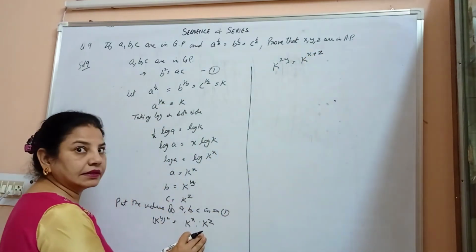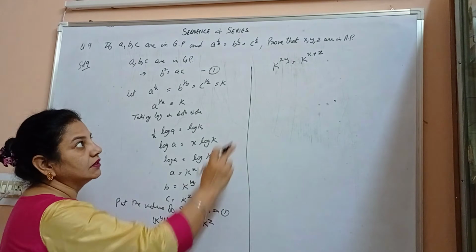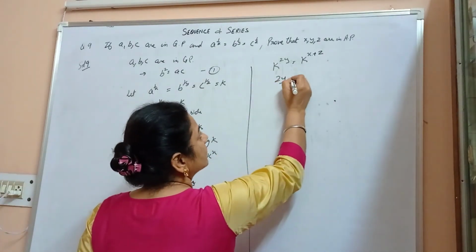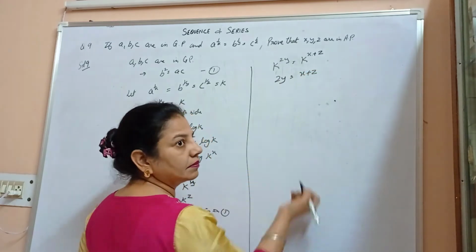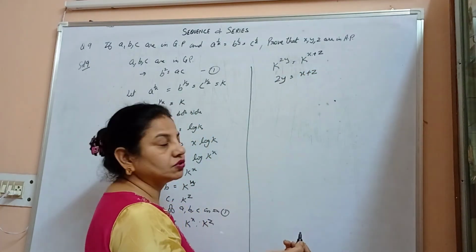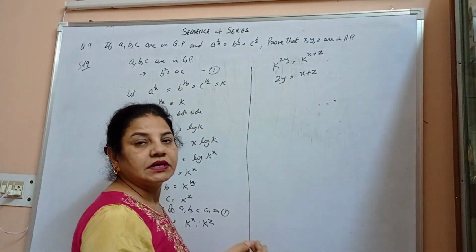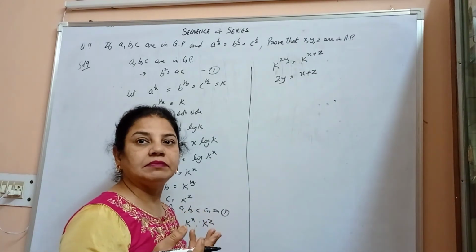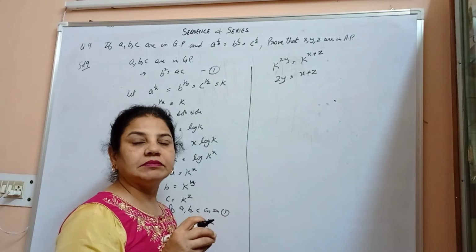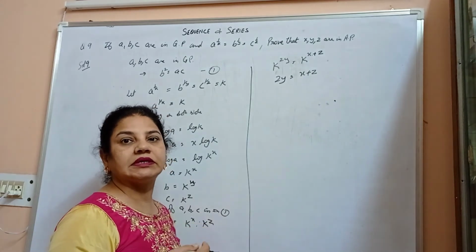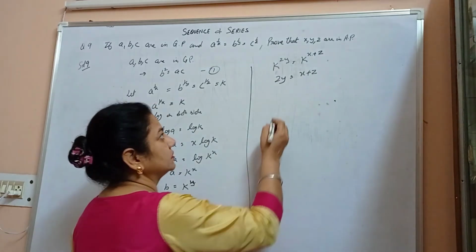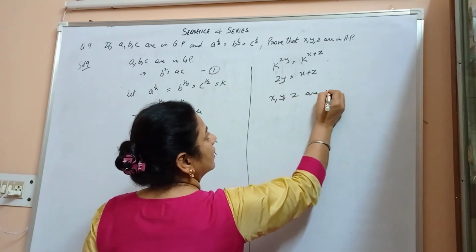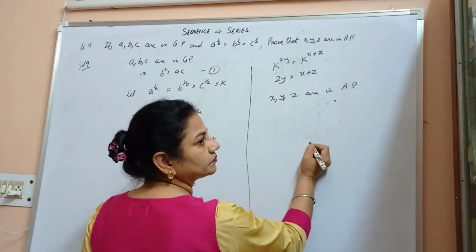If bases are the same and they are multiplied, powers get added. So it becomes x plus z. So comparing the powers, 2y is equal to x plus z. And this is what we have to show in the AP. If three numbers are in AP, that means 2 times the middle term is equal to the sum of the extreme terms. So here we get x, y, z are in AP.